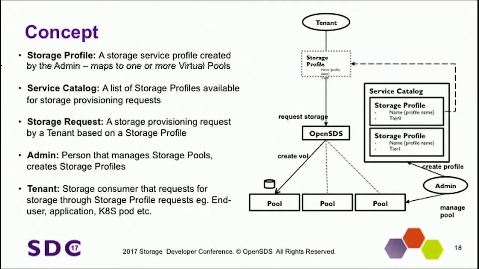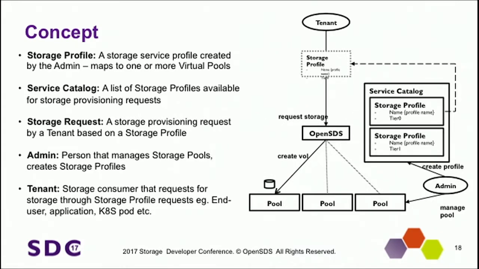It is the one which contains details of the storage. Of course, it will have a name. It can have tier information, replication information, mirroring, local mirroring, things like that, as well as who can access what. I will go into the details of that storage profile in a bit.